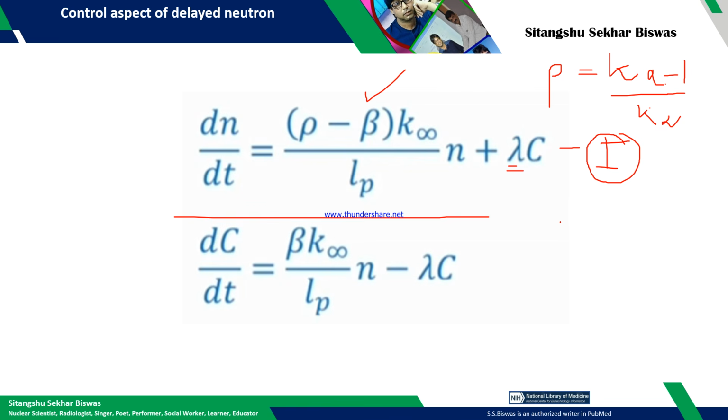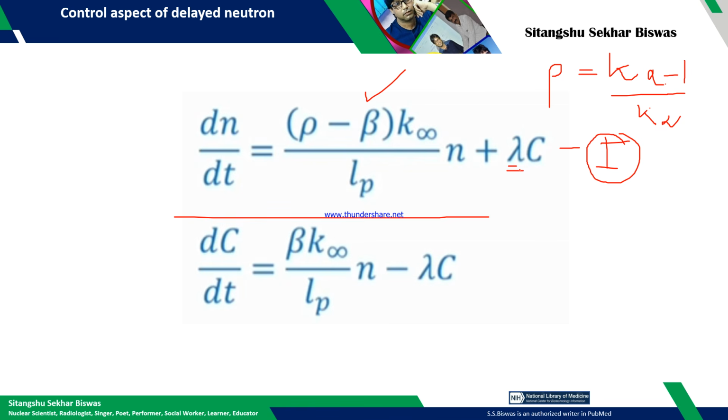Basically this lambda is the decay rate. Conventionally the fission fragment will go for a beta decay, but as I told in the previous lecture, some of the neutron-enriched fission fragments can go for neutron decay, and after that only it will be stable.